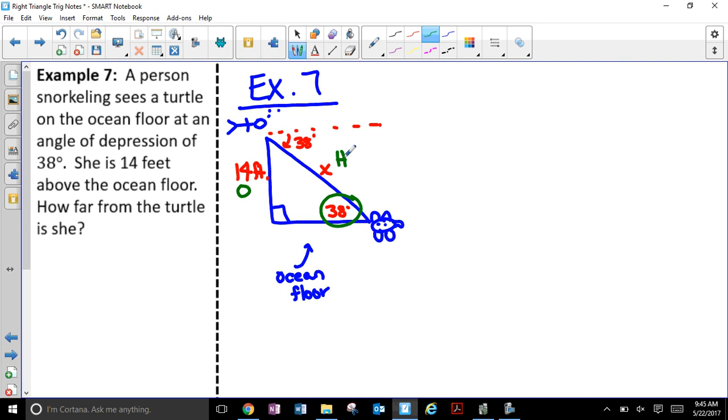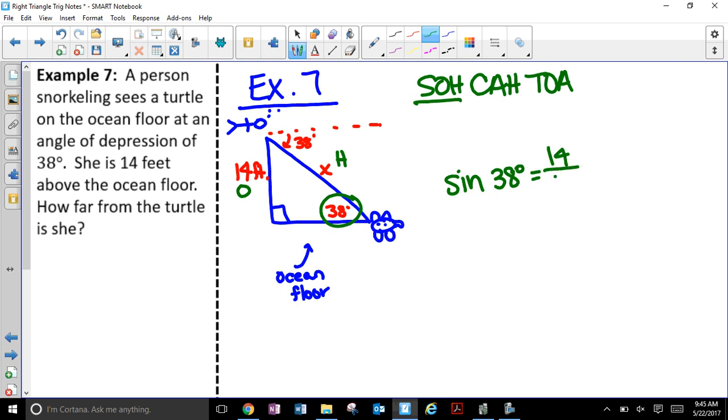So by SOHCAHTOA, which one is it? So, sine. So sine 38 degrees equals 14 over hypotenuse x. This is one where the x is in the denominator, so we have to get it out first. Then we want to get x by itself, so then I need to divide by sine of 38.